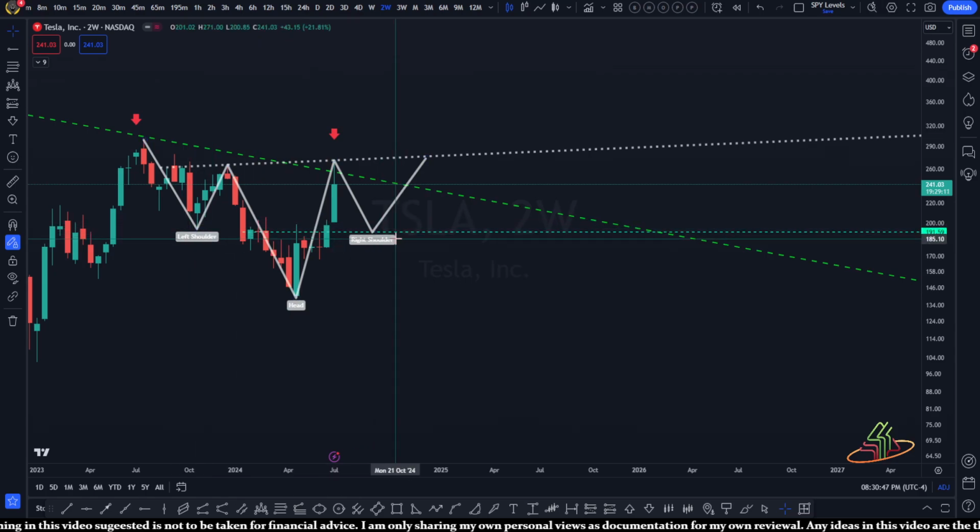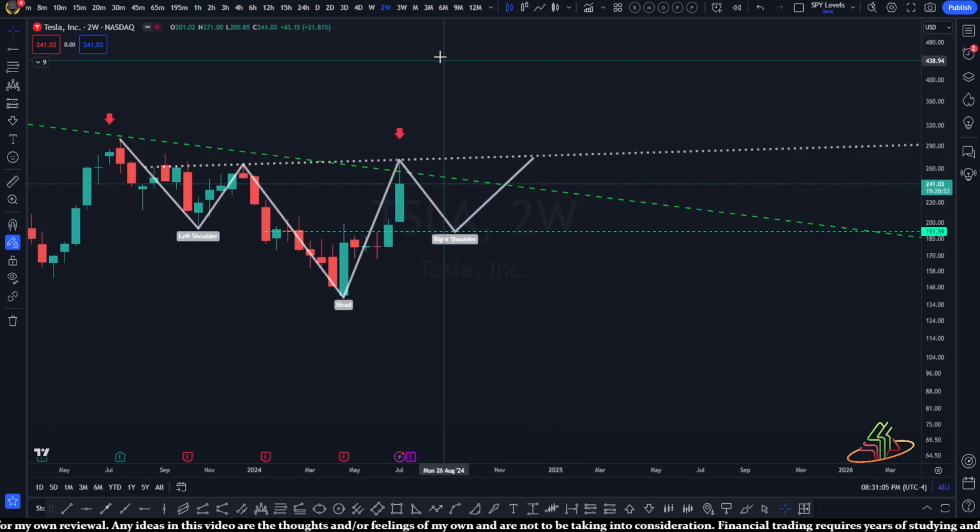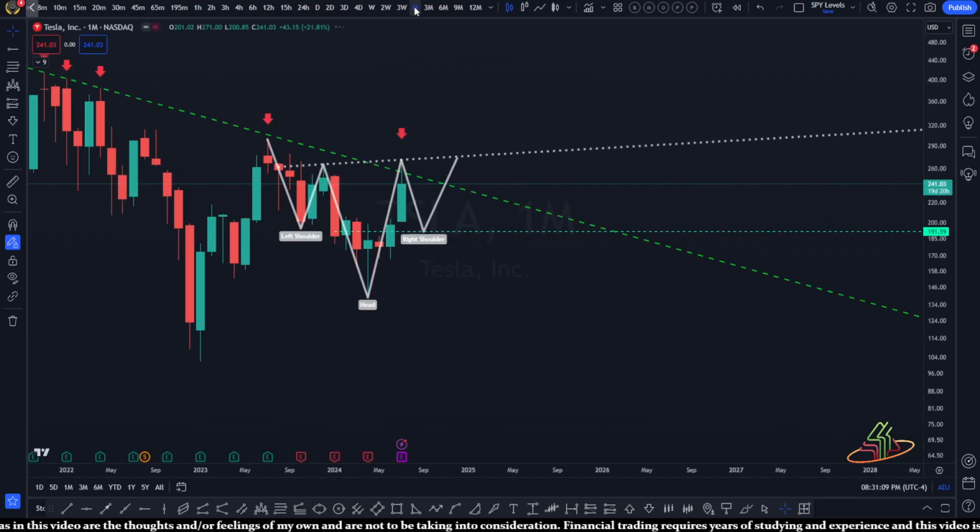Or where we came from, right? So my thought process is now that we never had the retest on the neckline from breaking out of this head and shoulders right here, right? And let me see where I did this at the last time.